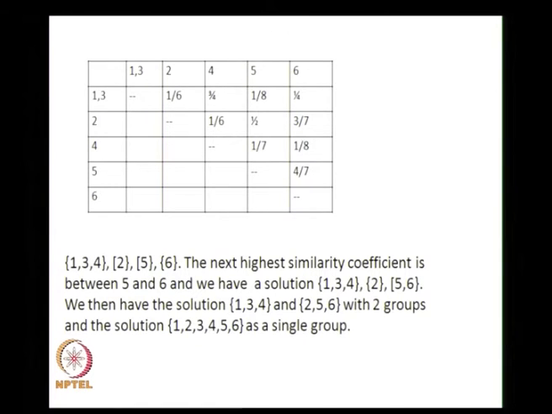So, it is a form of a single linkage clustering algorithm that we have seen. We also started with 6 groups individually. Now, here is a solution with 5 groups. Now, here is a solution with 4 groups, and then we have a solution with 3 groups, then we have a solution with 2 groups, and then we have a solution as a single group. So, it is a hierarchical clustering algorithm.